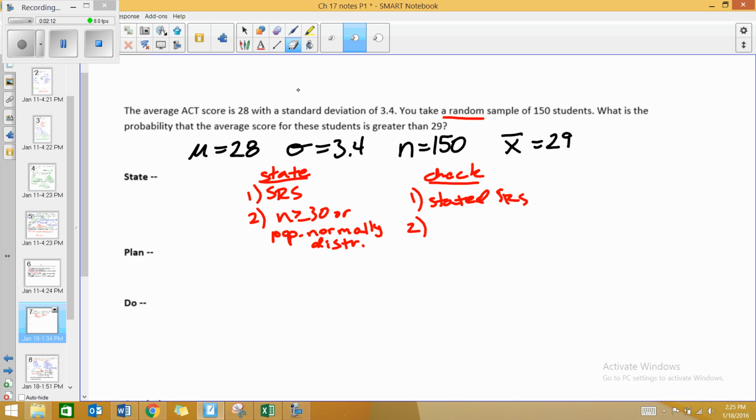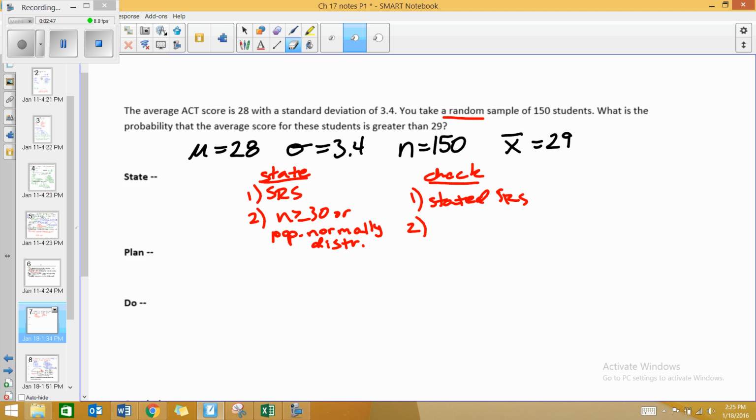It might be uniform. It might even be something like that. We got to play around with this on the applet on the computers. My population distribution might be non-uniform, bimodal, skewed, whatever strange shape you could have created for that population distribution.